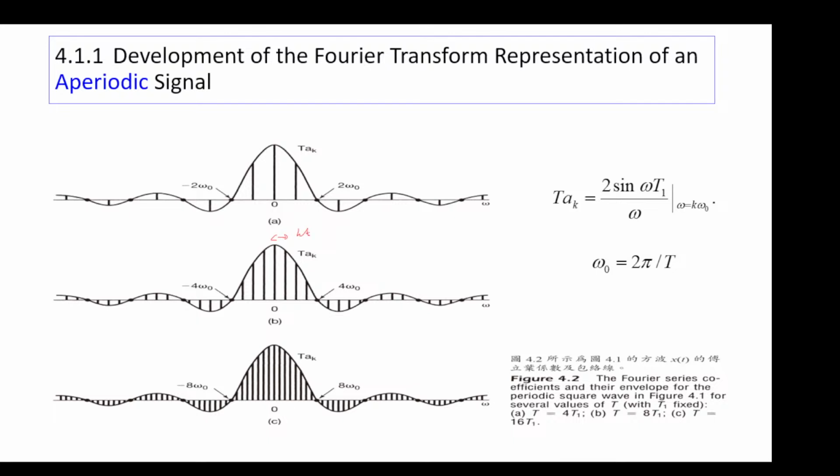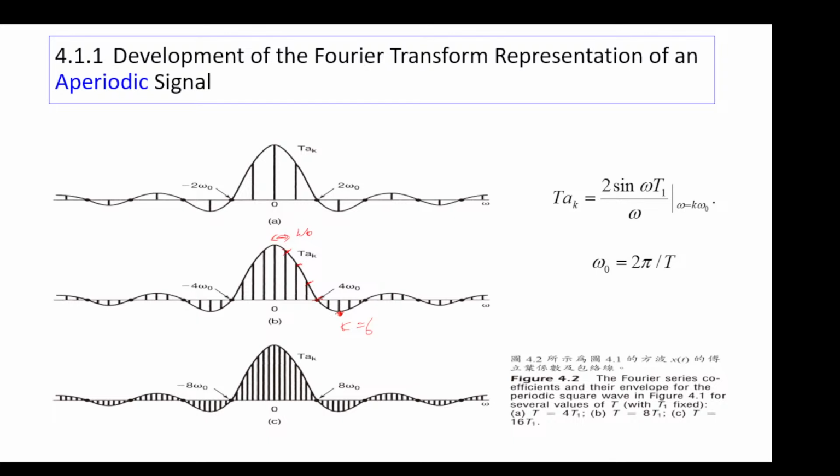This point will be 1 omega 0, 2 omega 0, 3 omega 0, 4 omega 0. So you find your k omega 0 here, maybe k equals 6. Then big T a_k will equal this point, and to find a_k, you divide this number by big T.